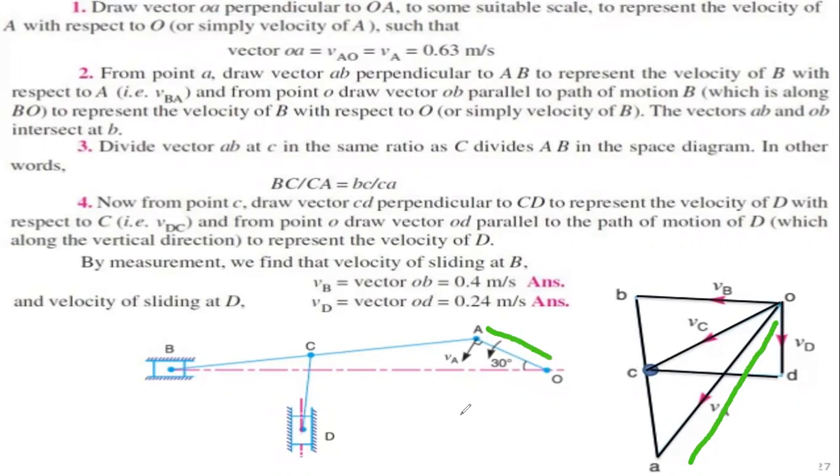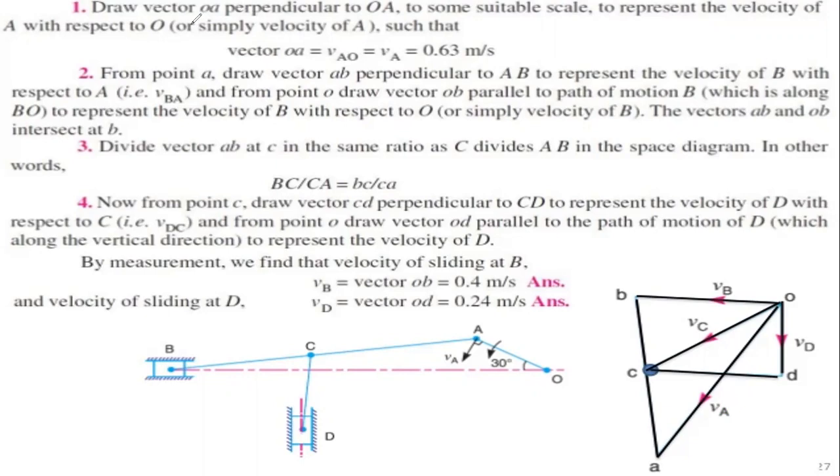In the space diagram, whatever OA link we have, we take the vector in the perpendicular direction to it, to a suitable scale. The scaling is our choice. This represents the velocity of A with respect to O. O is the center point, so we can take the velocity of A with respect to O as the velocity of A. We already found this in the last slide: the velocity of A is obtained as 0.63 meters per second.